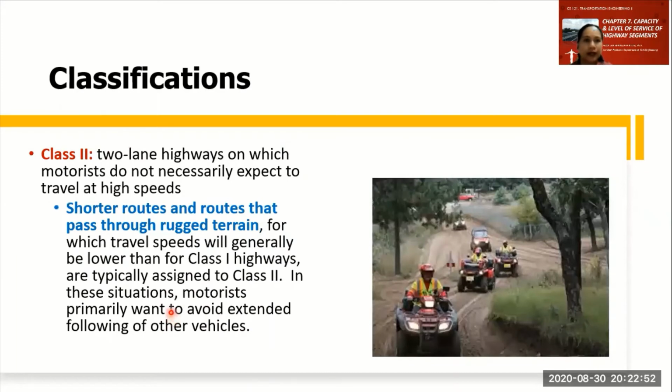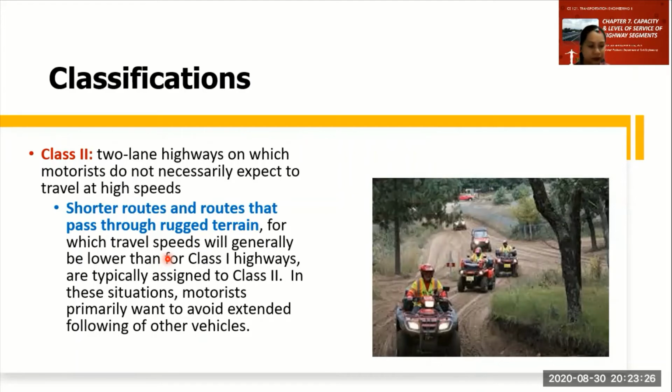Now let's look at a two-lane highway in Class 2. In this class, motorists do not necessarily expect to travel at high speeds. The keyword here is shortcuts. Who among you are driving here? Or who among you have experience using Waze when traveling from one place to another?